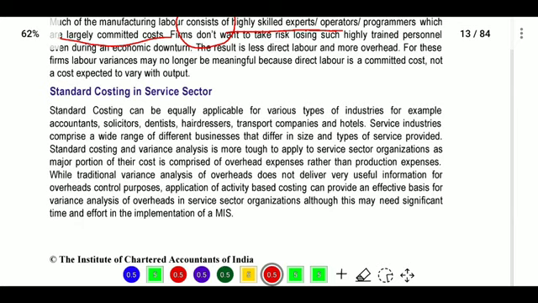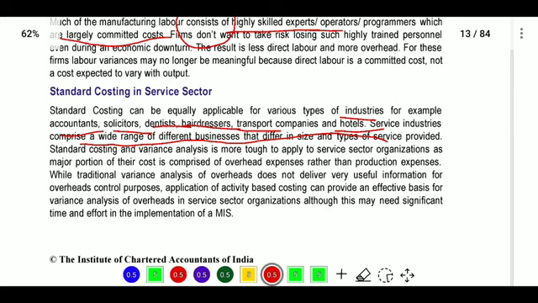That is standard costing in the service sector. Service sectors are industries like accountants, solicitors, dentists, hairdressers, transport companies, hotels. Service industries comprise a wide range of different businesses, of different sizes and different types of services provided.